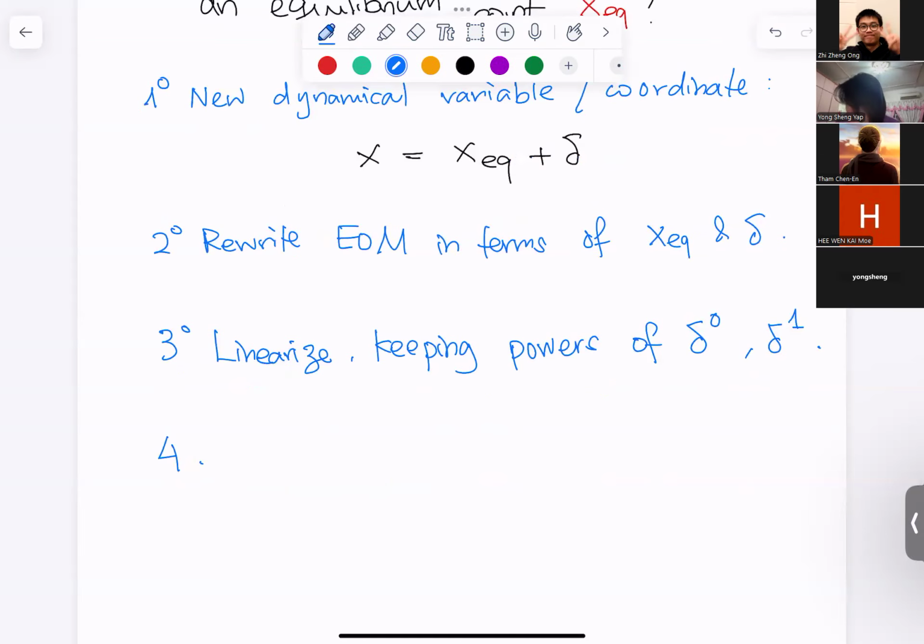And the fourth thing is to analyze power by power of delta. It always will be that delta to the 0 gives you the equilibrium conditions.